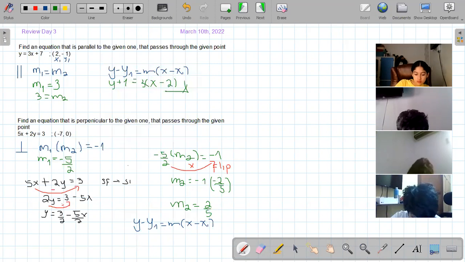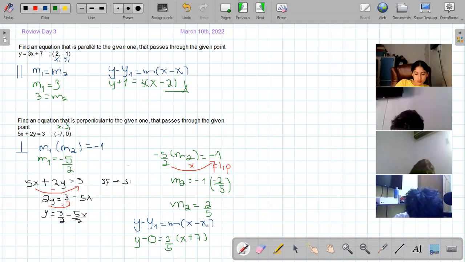So we have y minus 0, because y1 is 0. Remember, this is x1 and this is y1. So y minus 0 is equal to m, the 2/5 that I found, parentheses x minus x1. x1 is negative 7, so plus 7. And I close parentheses.